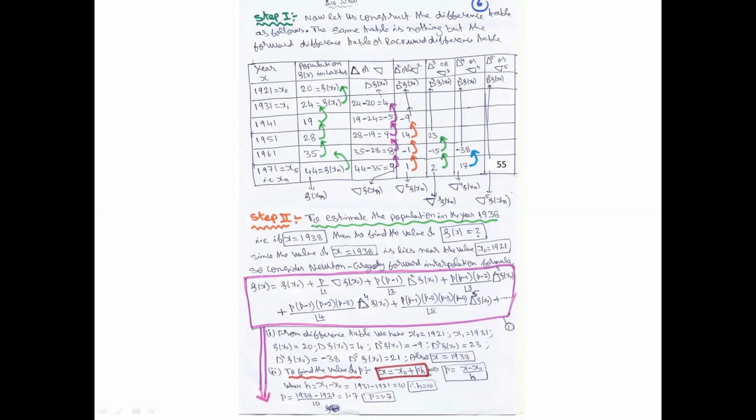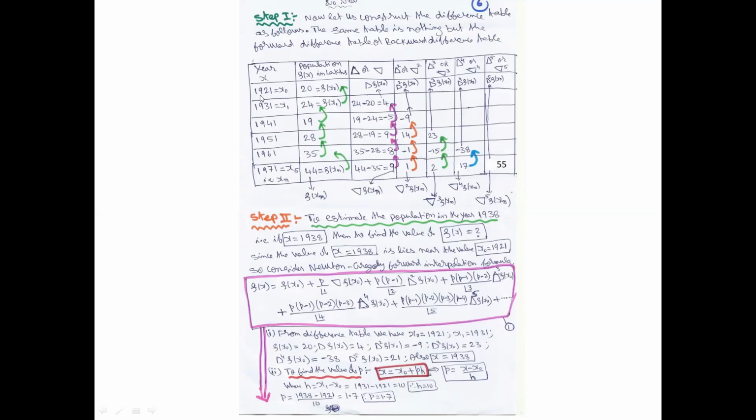This is del square, second order backward difference operator. Del cube. Del to the power of 4. Del to the power of 5, fifth order backward difference.